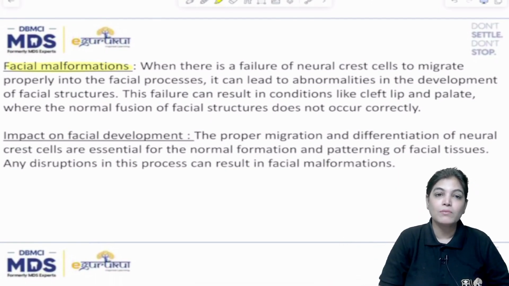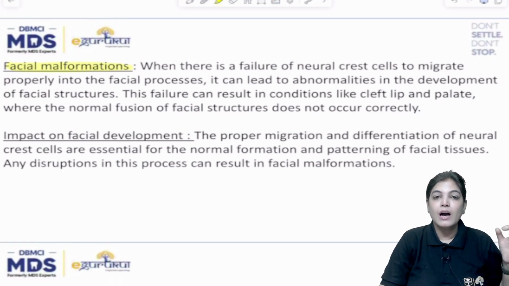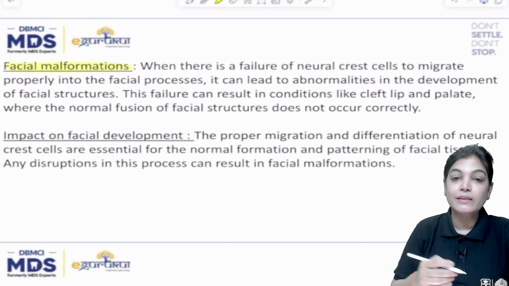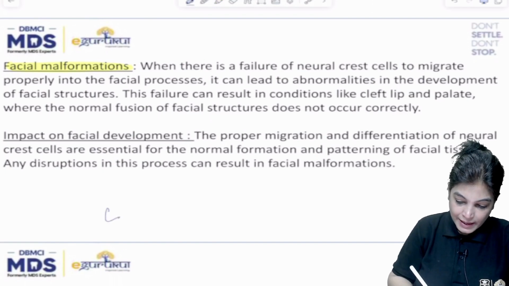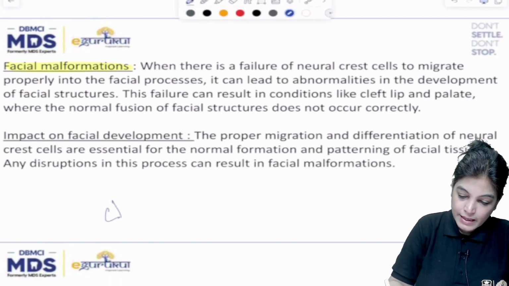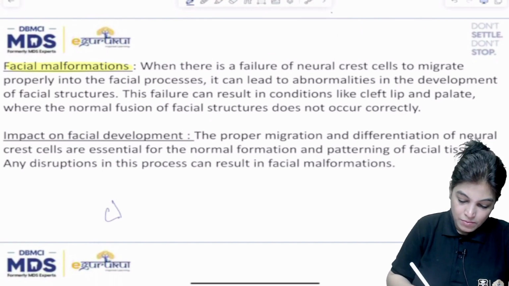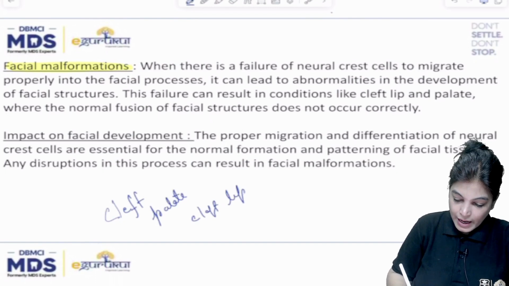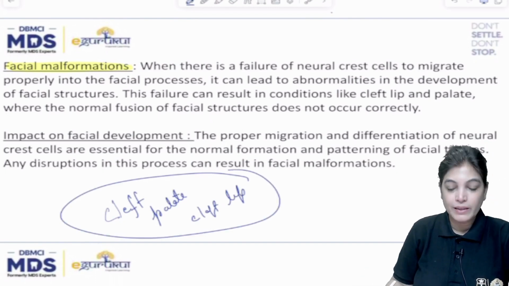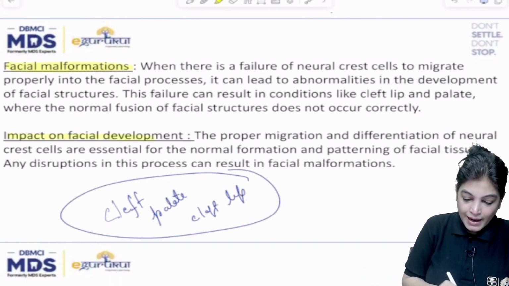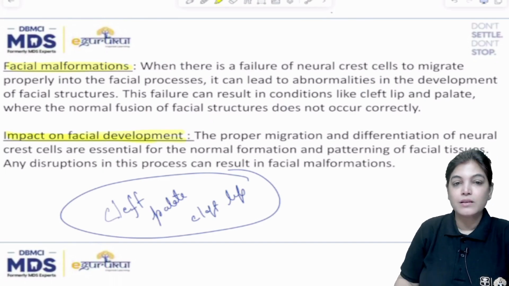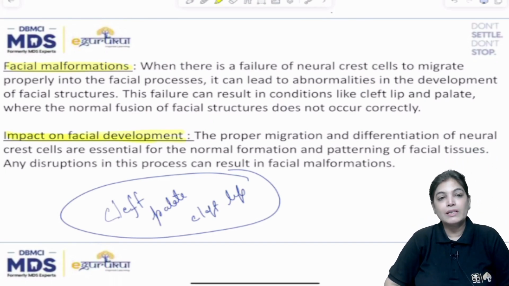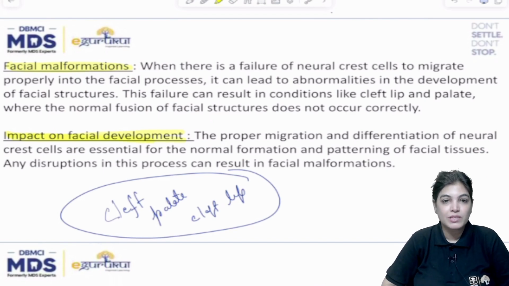It can lead to various abnormalities in the development of facial structure. अगर कोई भी neural crest cells is not able to migrate properly when the development of facial processes is taking place, this can lead to abnormalities like cleft palate, cleft lip, and abnormal fusion of the developing components of the face. So defective migration of neural crest will also impact the facial development.